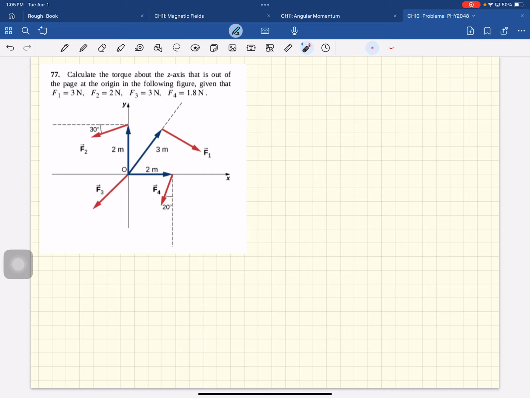In the following figure, given that F1 equal to 3 newtons, they're all in the xy plane, the forces, and those are the forces. What this is showing you is, they show this is perpendicular, so this is the moment arm for force F1.